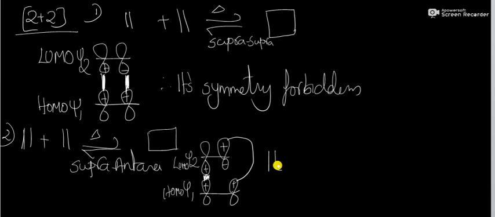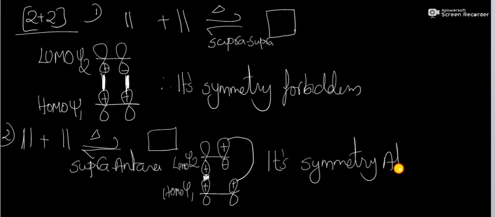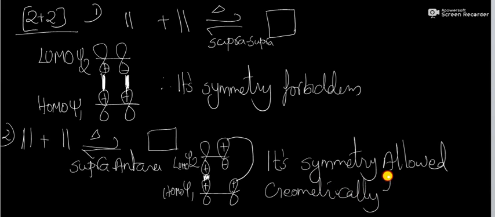So it is symmetry allowed. But we know that antarafacial addition is geometrically forbidden. So it is geometrically forbidden. That is the case of the 2 plus 2 cycloaddition reaction in the presence of heat.